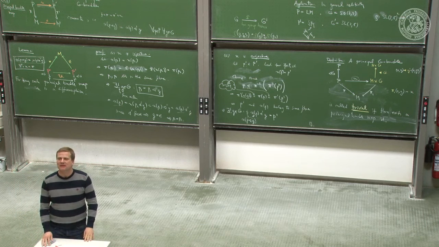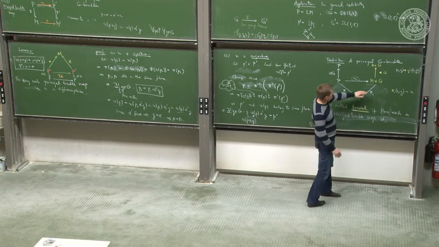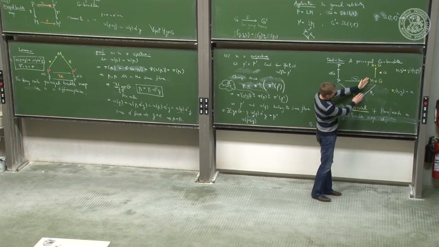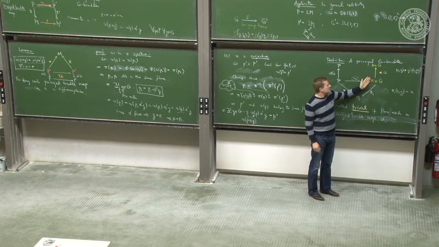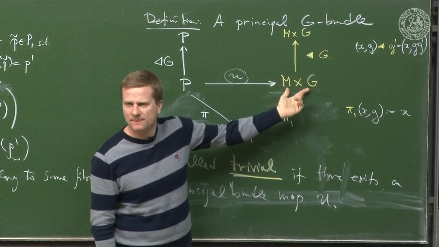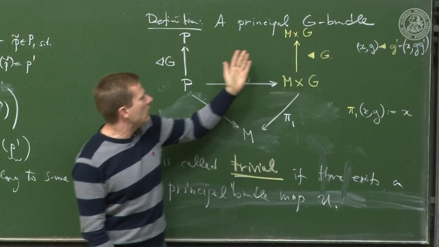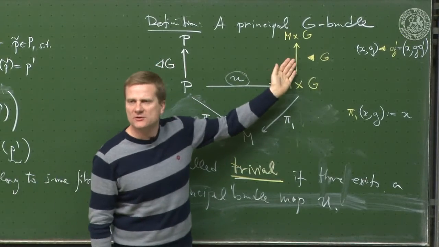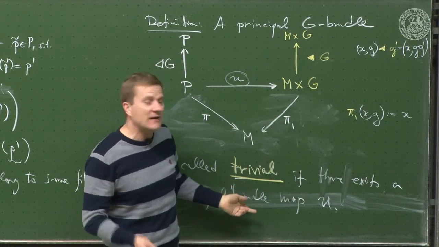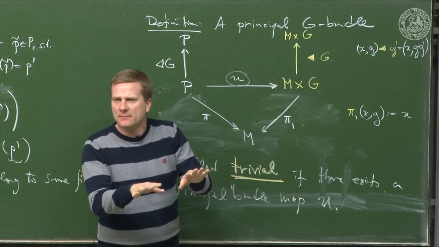Yeah? Trivial means that always the same fiber is attached. So if you just look at the yellow part of it, including this map down here, this is something you would call a trivial bundle because it's made of a Cartesian product. So the right side is a trivial bundle, but you call any bundle that's diffeomorphic to it, as a principal bundle, essentially the same.